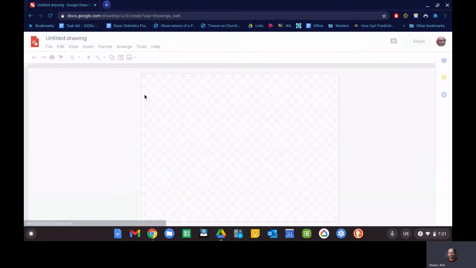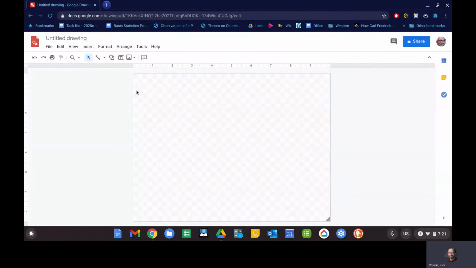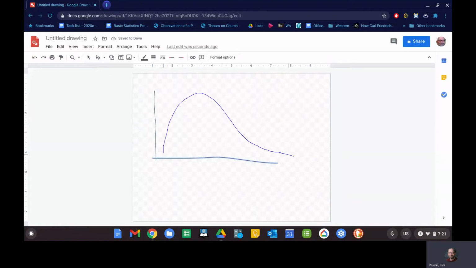If we just go with the idea of having an area in the middle of this distribution, here is my chi-squared. It's going to look something like this. Whatever this area might be, here's my area. Then I need alpha over 2 on this end, and alpha over 2 on this end.